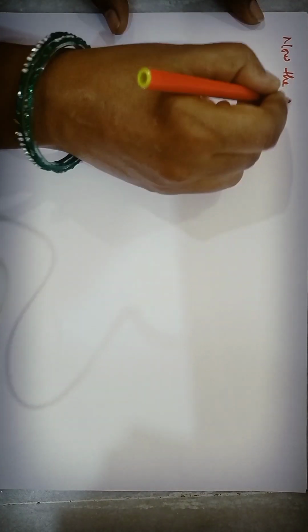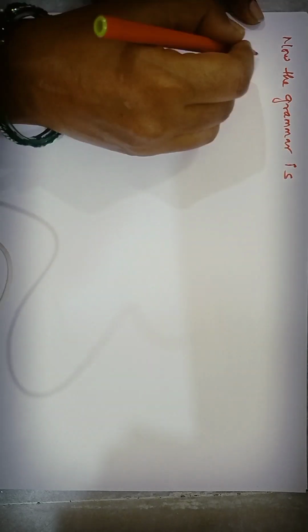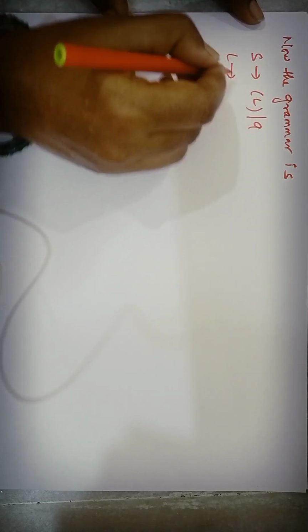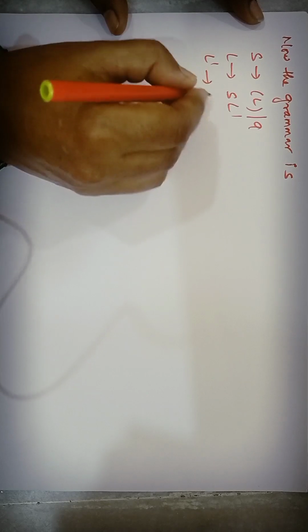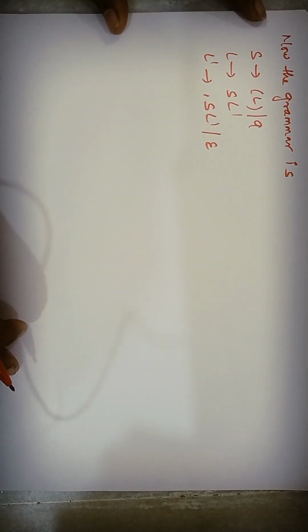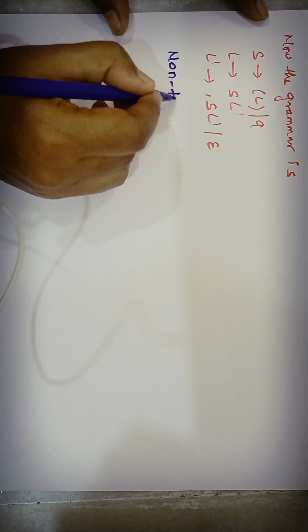Now the grammar is S tends to (L) or a, and L tends to S L dash, and L dash tends to comma S L dash or epsilon. So first observe what the non-terminals are in the given grammar.